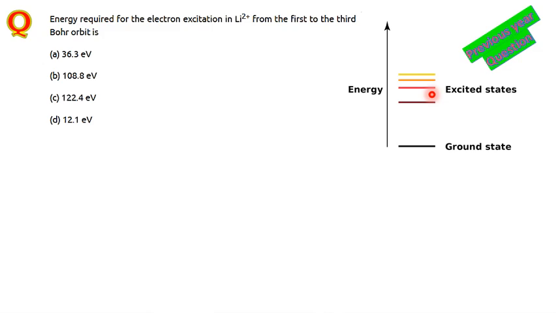So how much energy is required for this electron which is moving from the ground state to the next immediate excited state? See here how you can measure the energy of the electron. Delta E is equal to, you know this formula, 13.6 Z square times 1 divided by n1 square minus 1 divided by n2 square.